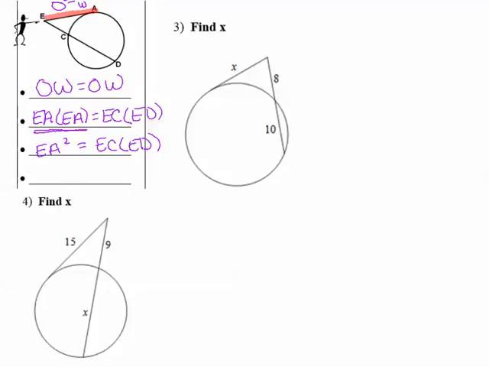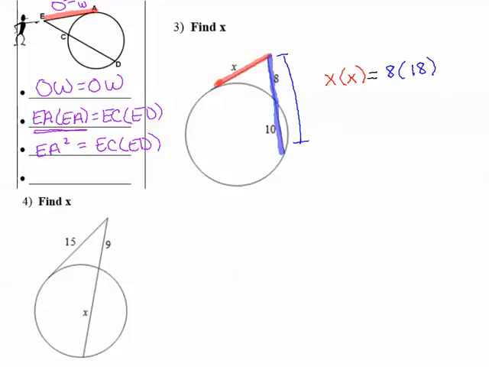So let's look at this example over here, number 3. I have a red segment and I have a blue segment. Now my red segment is x, the part outside and the entire thing happen to be the same because it's a tangent. The blue segment, the part outside is 8, the entire thing, remember I'm adding, 8 plus 10 is 18.